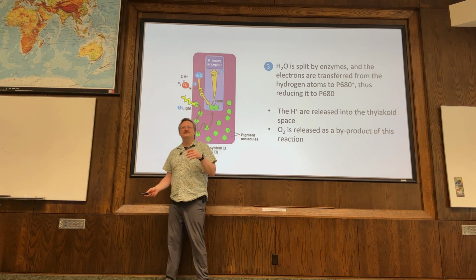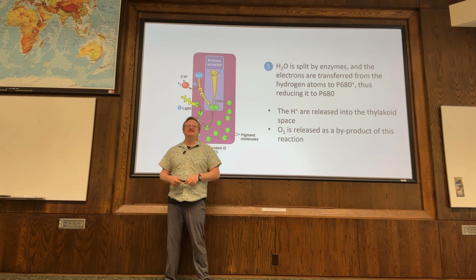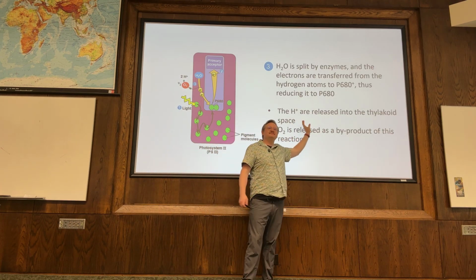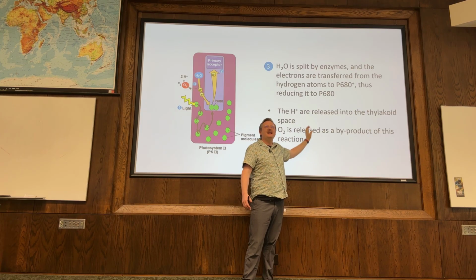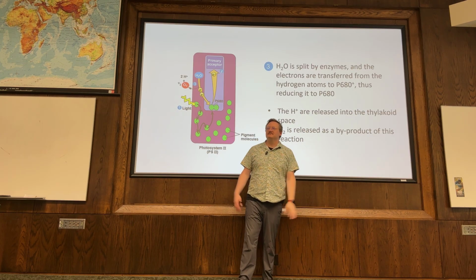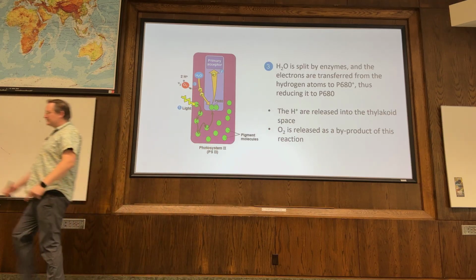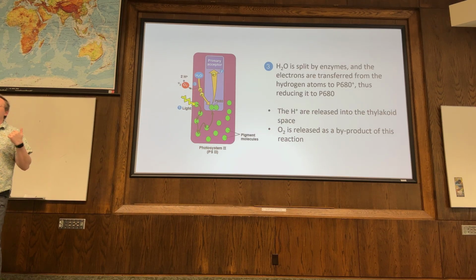So this is all about concentrating protons in the thylakoid space. Anyway, breaking down water releases a couple protons and releases some oxygen. Cool, this is where the oxygen comes from. The electron's now at a high energy state, and P680 has been regenerated, so this can happen again.